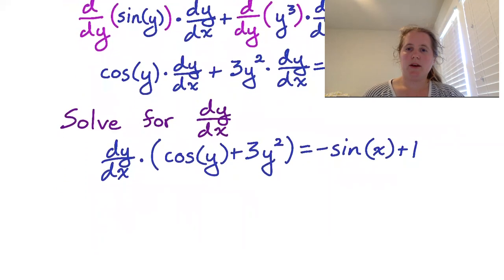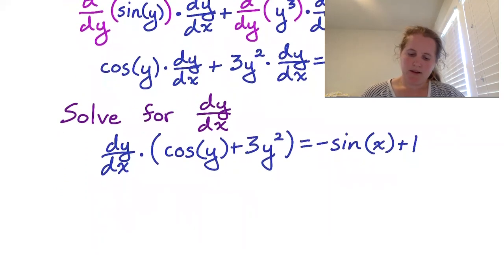From here, we can divide by our cosine of y plus 3y squared.